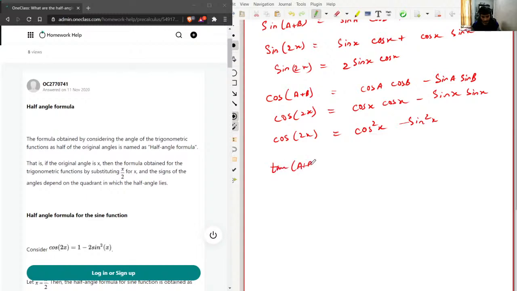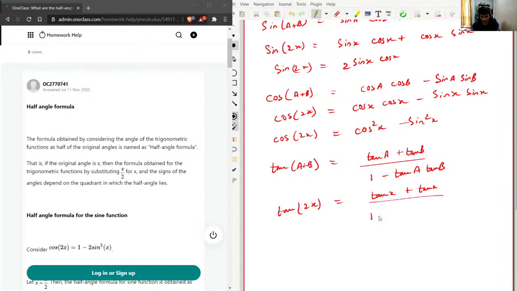Tangent of a plus b is tangent a plus tangent b over 1 minus tangent a tangent b. Again, I'll put a and b as x, so this will become tangent x plus tangent x over 1 minus tangent x times tangent of x.